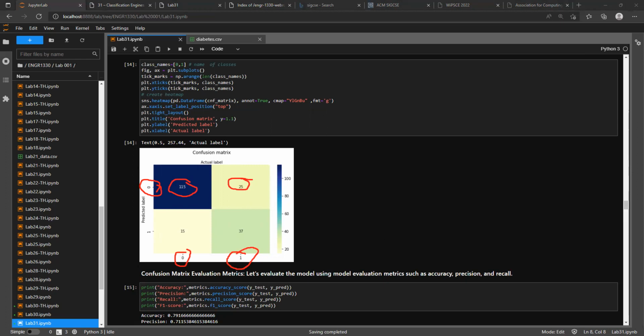And just the same way, we predicted 37 positives on people who were actually positive and 15 positives on people who were actually negative. So if your model is perfect, these two will be 0, and the number of people you make mistakes on will be 0. Okay, so that is a preview of what it actually looks like.